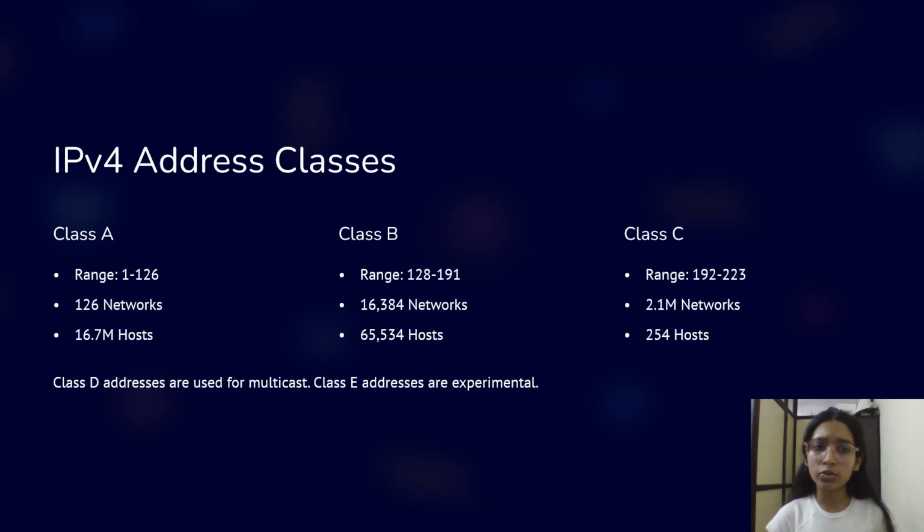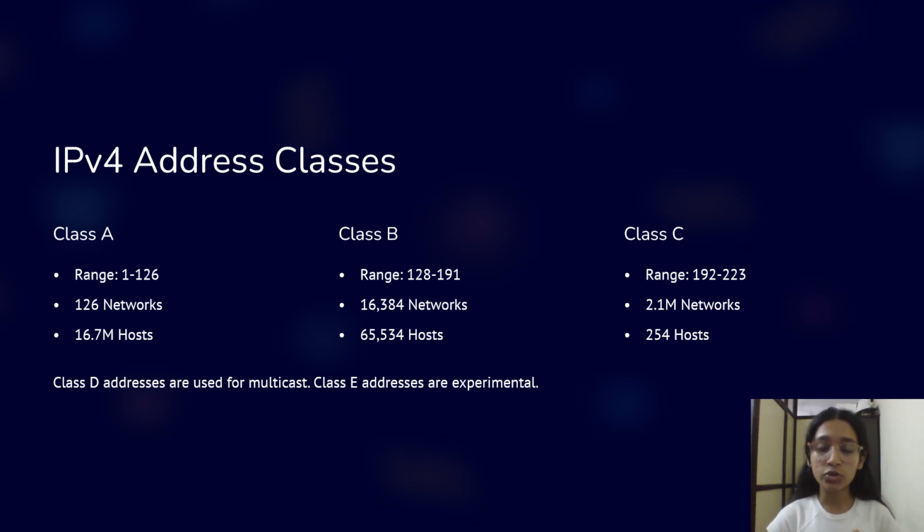Moving forward to the IPv4 address classes, it basically has Class A, B, C, D, and E. Class A has a range of 1 to 126, that is, it contains 126 networks, which could incorporate 16.7 million hosts. Moving forward to Class B, its range is 128 to 191.